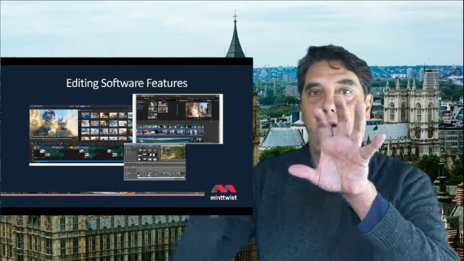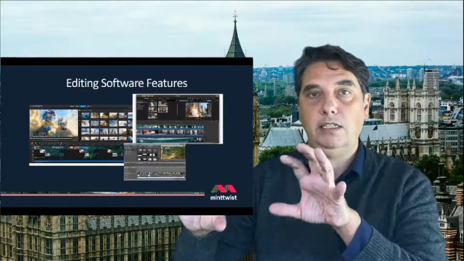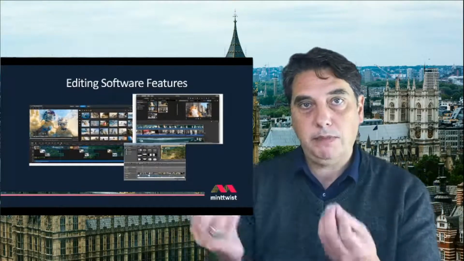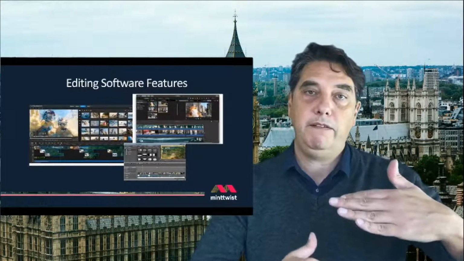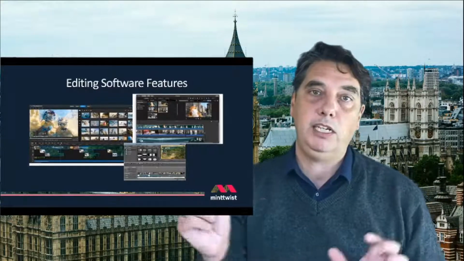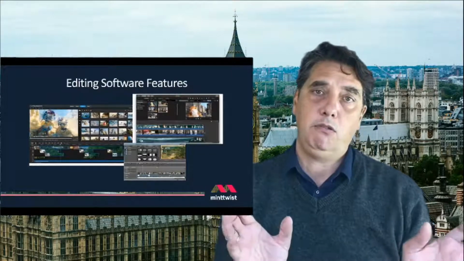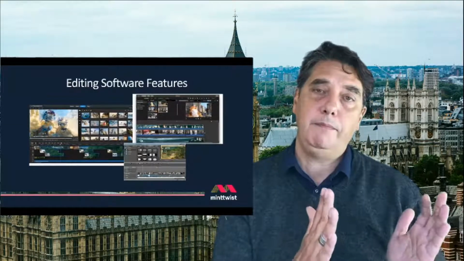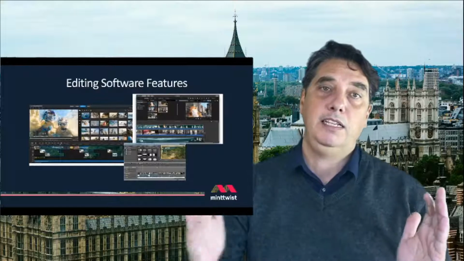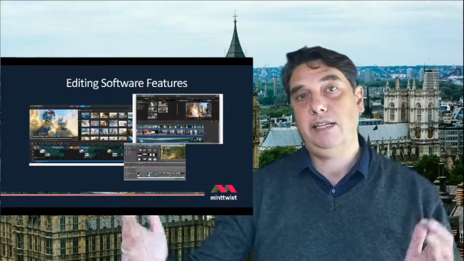So the idea is you pull in all of the source files that you're going to use to make up your final video, and then you pull them down into the bottom area of the screen, which is where you are arranging all of the audio and video tracks, and you're arranging them in a manner that's going to allow them to play out together in order to create your final video.